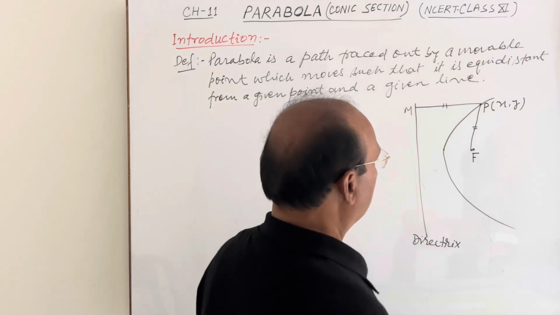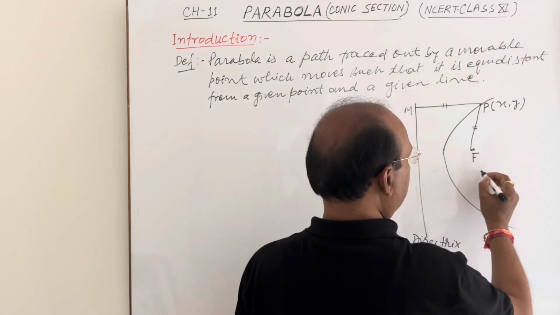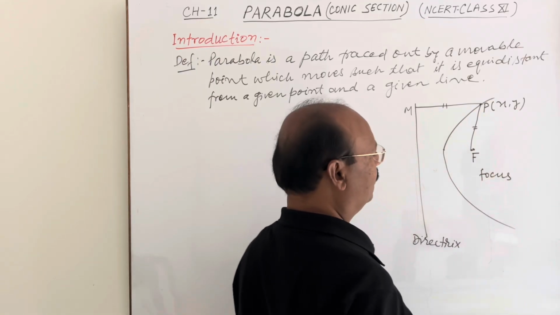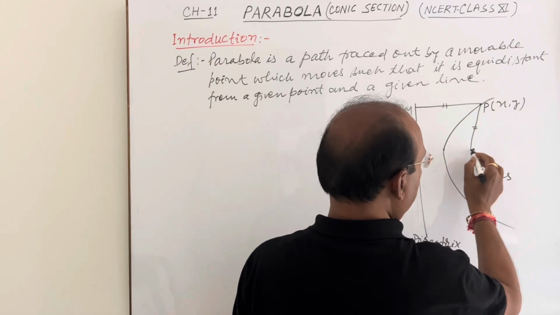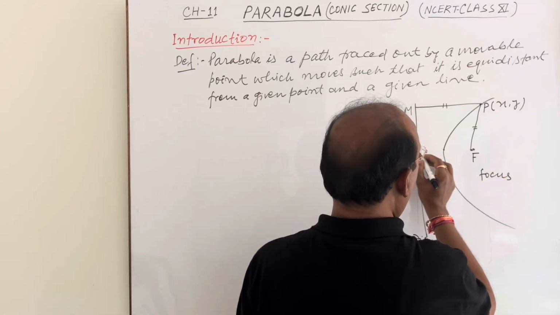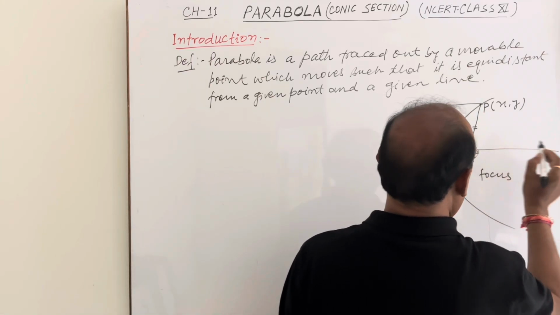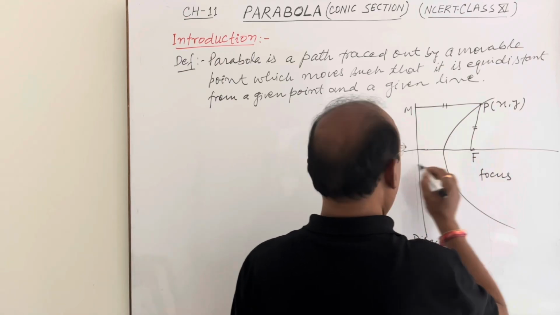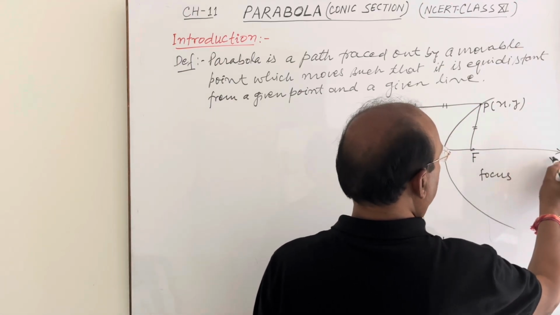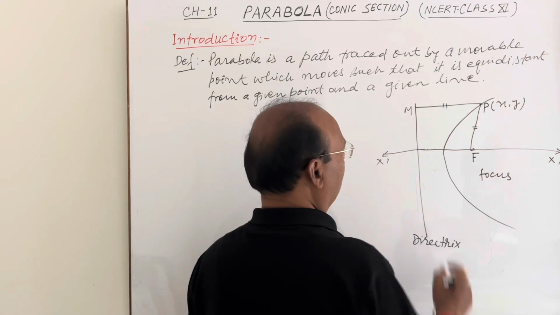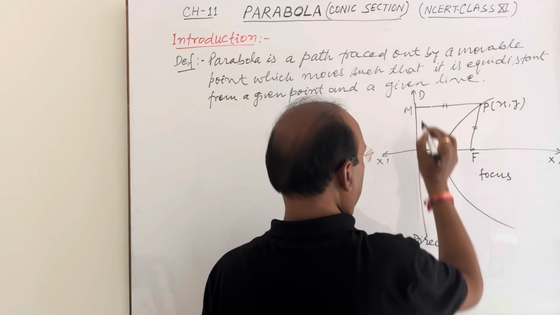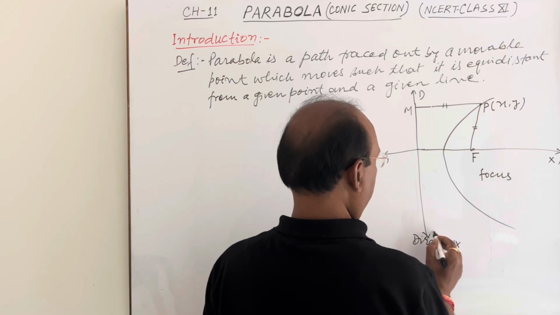Correct? This point F is called the focus of the parabola, and this F lies on the x-axis. This is x-axis, x dashed, and we denote the directrix generally by d dashed.